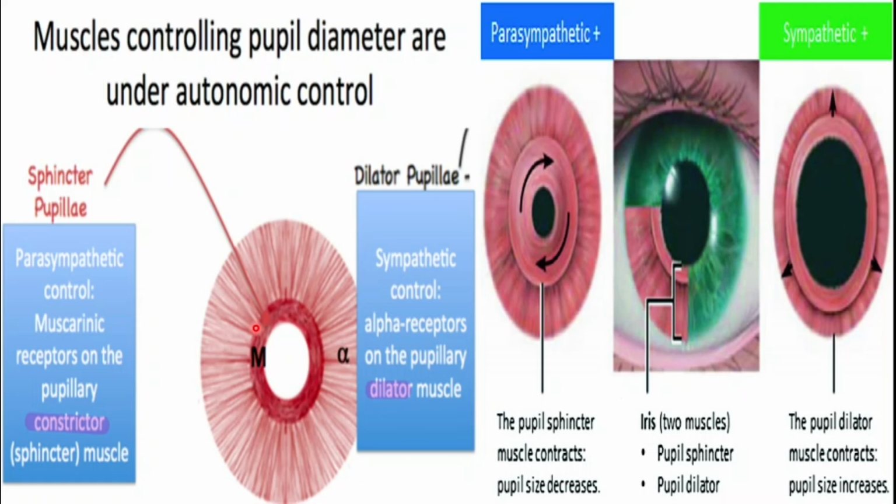So the sphincter muscles and the radial muscles, they all are under the autonomic control, and you know that autonomic control means the autonomic nervous system has the sympathetic nervous system and the parasympathetic nervous system. So therefore we say that the muscles controlling the pupillary diameter are under the autonomic control, because the sphincter muscle is being controlled by the parasympathetic nervous system, whereas the radial muscles are being controlled by the sympathetic nervous system.